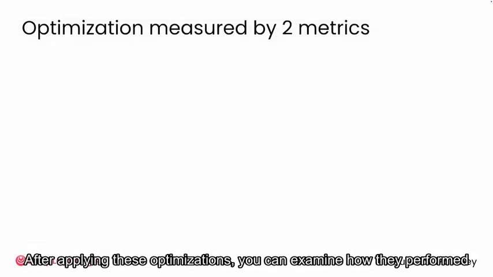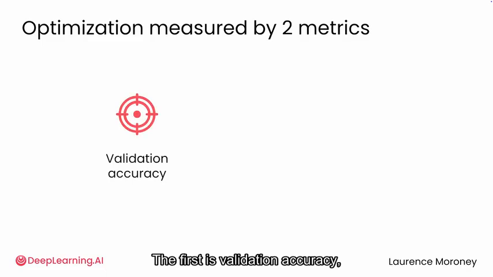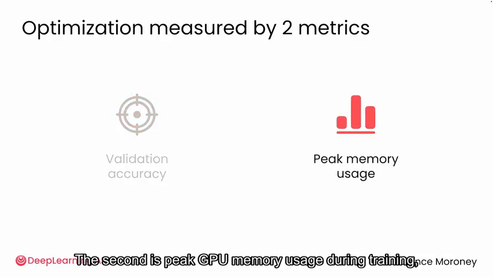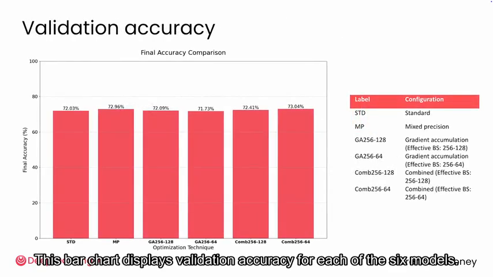After applying these optimizations, you can examine how they performed in terms of 2 key metrics. The first is validation accuracy, which is the model's performance on the validation dataset post-training. The second is peak GPU memory usage during training, which is an indicator of resource efficiency. This bar chart displays validation accuracy for each of the 6 models.